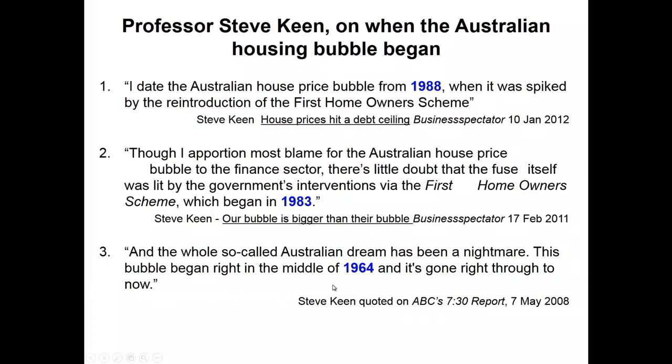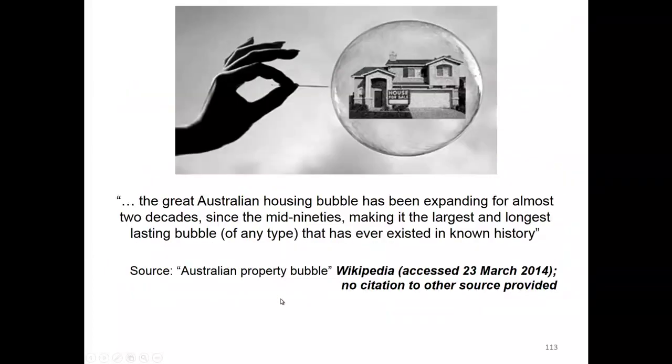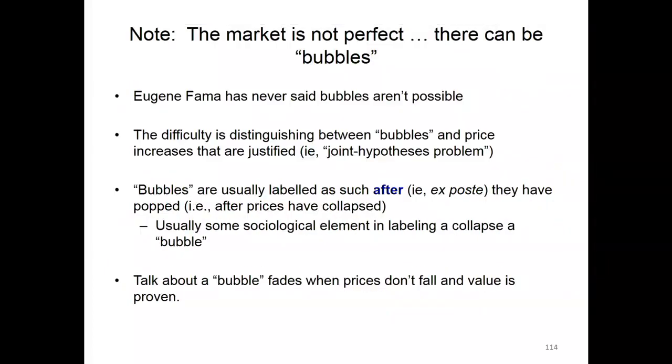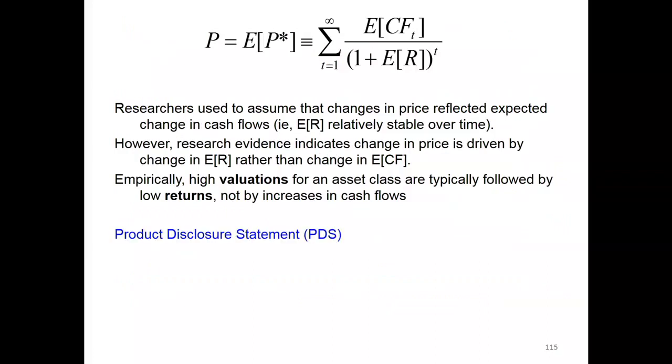Is that really a bubble? Does it make sense to talk about a bubble that's been around for 54 years? Okay, the last point I want to make is this one over here.